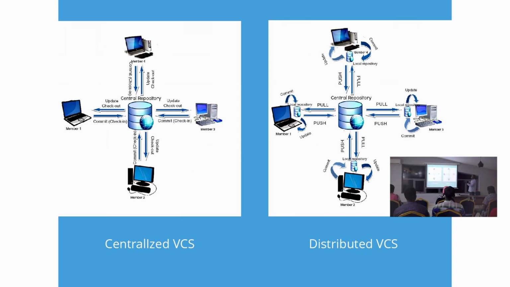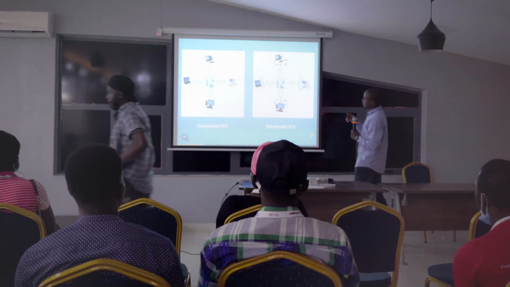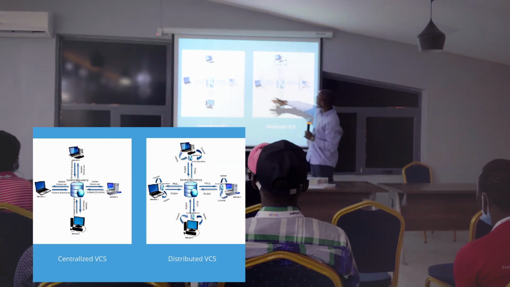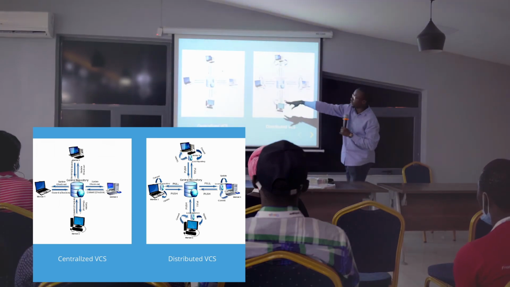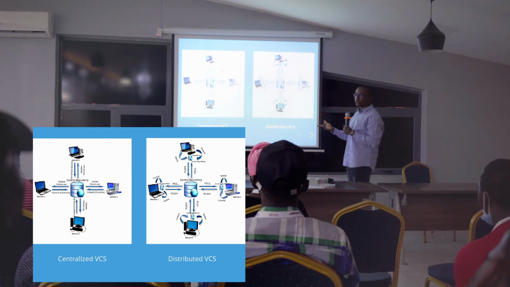Generally the major kinds of version control systems we have are the centralized version control system and the distributed version control system. To make this very easy to understand, as we can see here, this is one person's computer, this is another person's computer, and this is another person's computer. I'm explaining the centralized one. In the middle, we have the central repository.